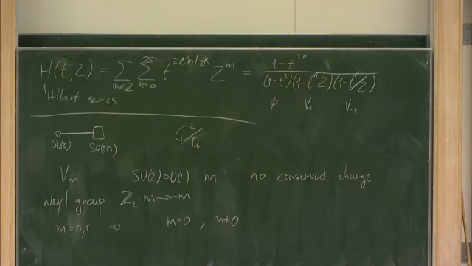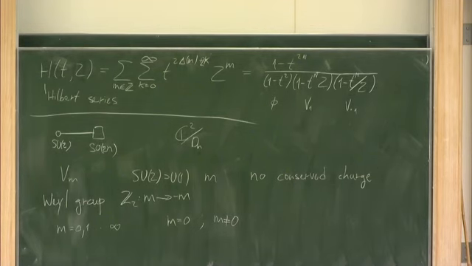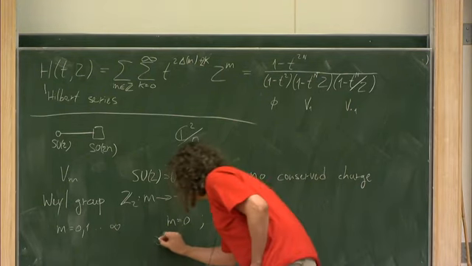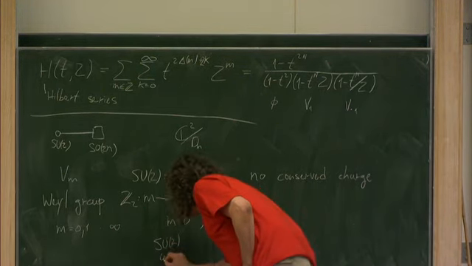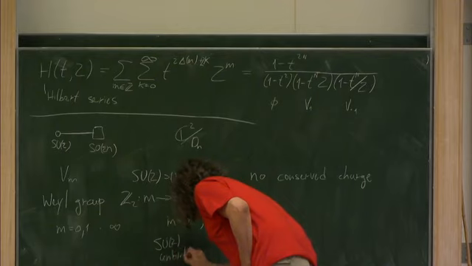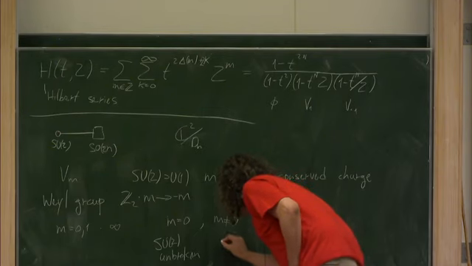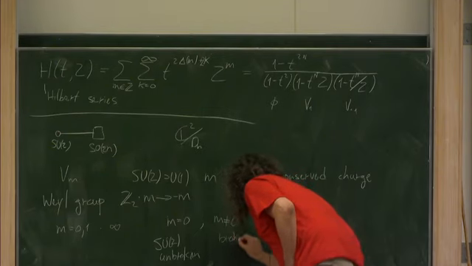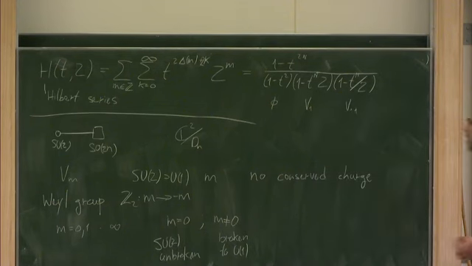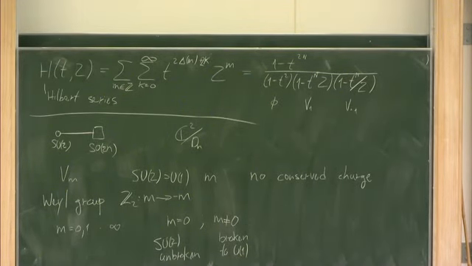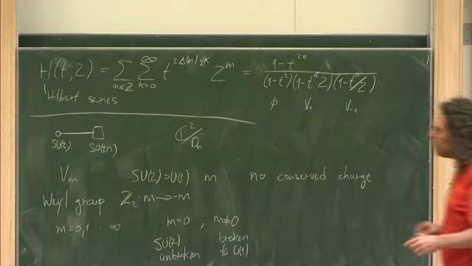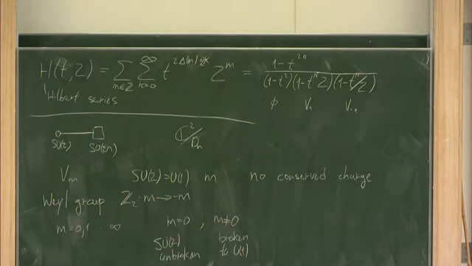Because if m is equal to 0, SU2 is unbroken, and if m is non-zero, SU2 is broken to U1. Okay, so I need to distinguish between those two cases, and that will affect the space of functions that I put on this.